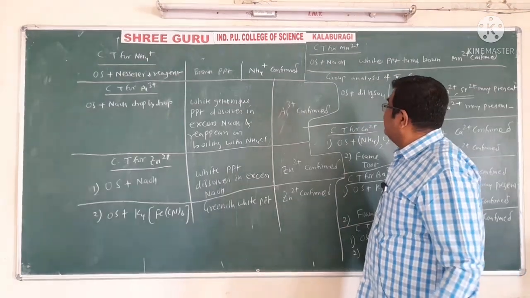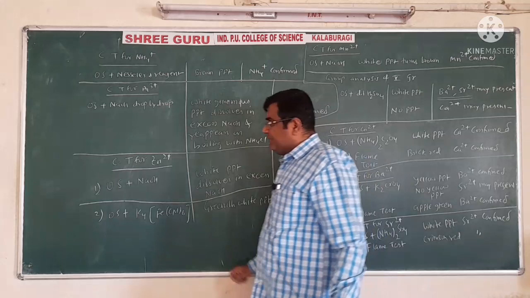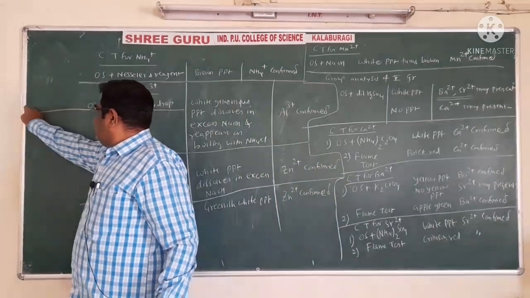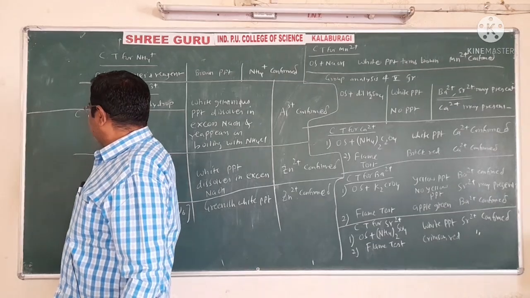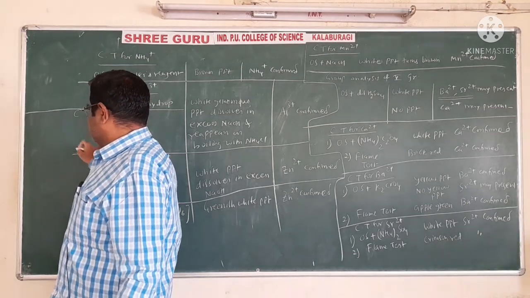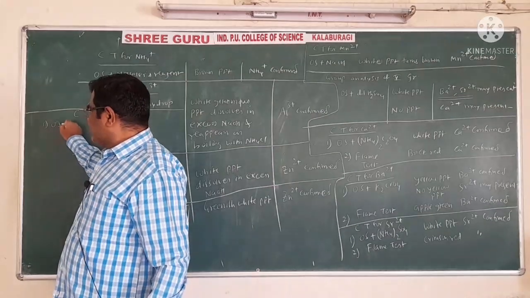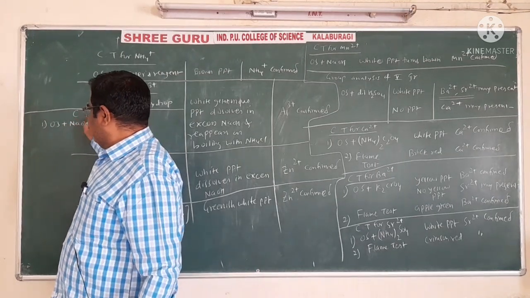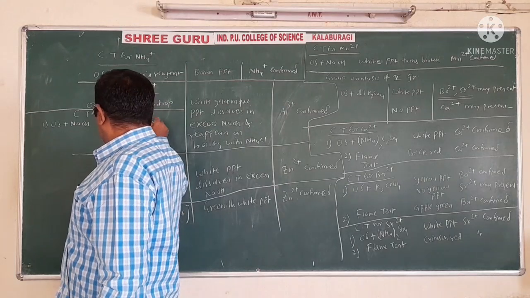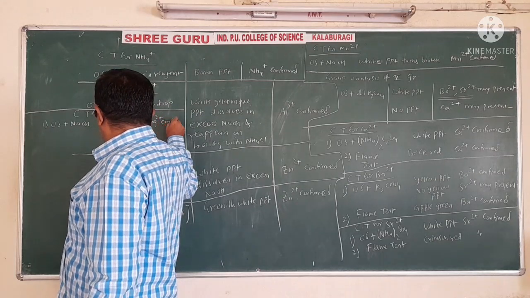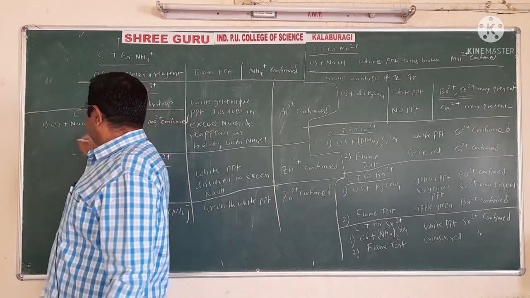Only one last radical, magnesium, remains. I will write here Ct for Mg+2. Original solution plus NaOH, white precipitate, Mg+2 confirmed.